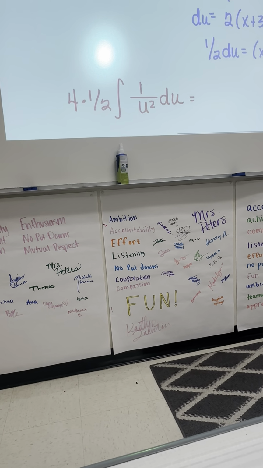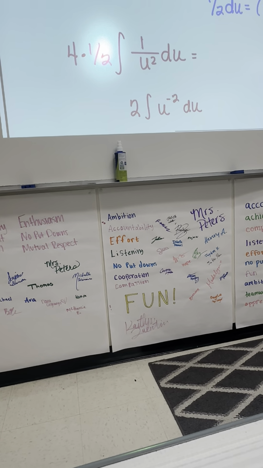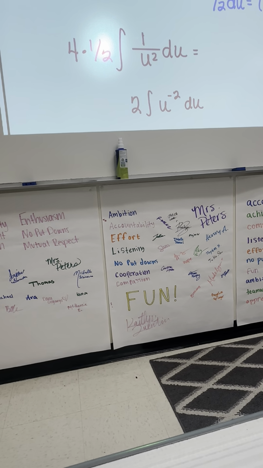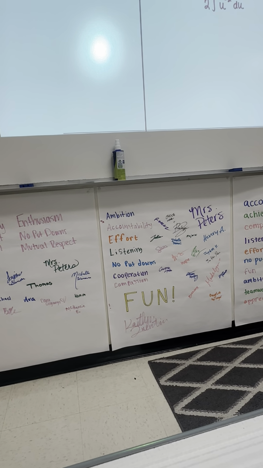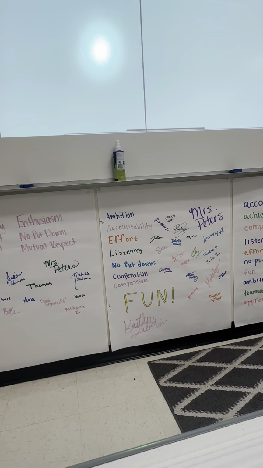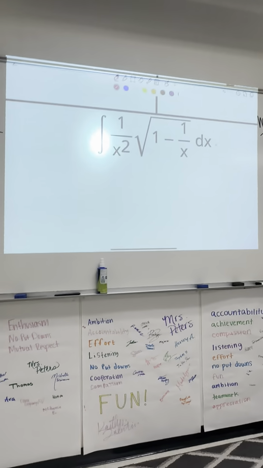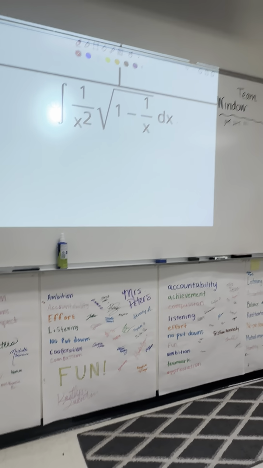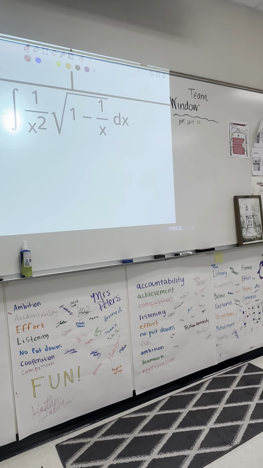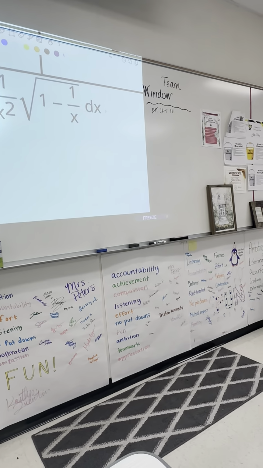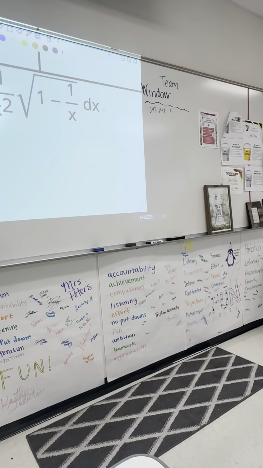So then you end up with a 2 times u to the negative 2. I'm not gonna finish that one out, okay? Alright, the next one, there's a lot of space for it, but it doesn't take a lot of space. It actually ended up being really better than you would think it would be. So, try that one. Can you go back to the solution after that? Oh, sorry, so I can write it.